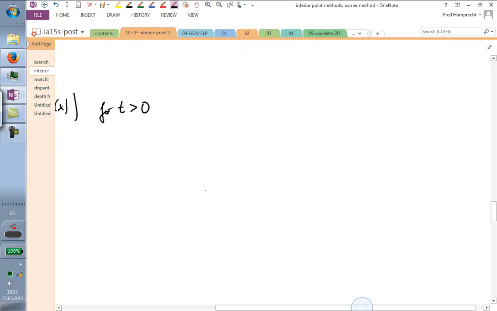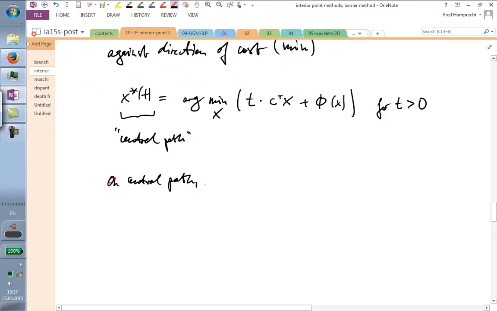And on the central path, excuse me, we know that the derivative of the above expression has to be 0 for every choice of t. So we have that t times c plus the sum should be 0.